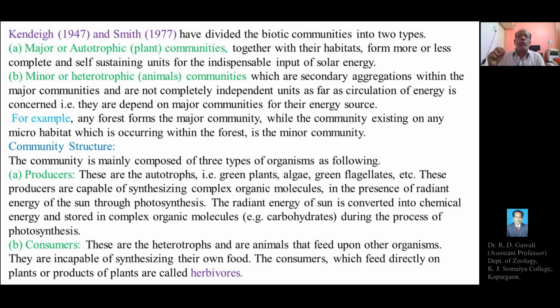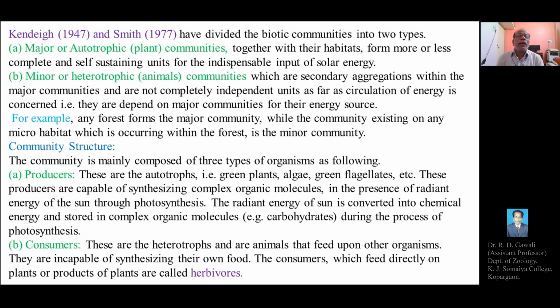The second is minor, or heterotrophic, containing the animals in the community.